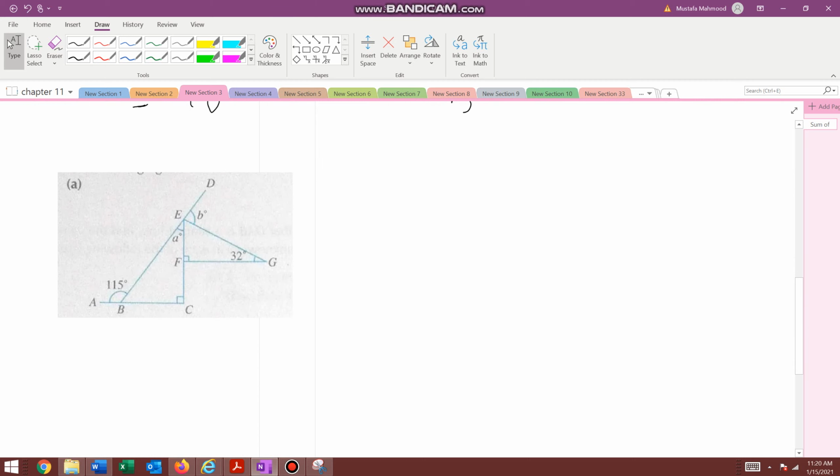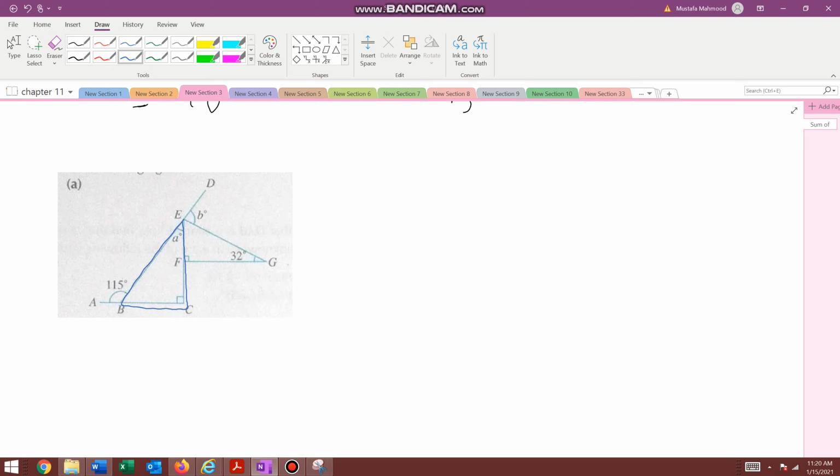Now another question is this one. Over here we have two unknown values, A and B. Okay? This is A and this is B. There are different ways of solving this. First of all, we'll obviously look at angle A. Angle A lies in the triangle BCE.